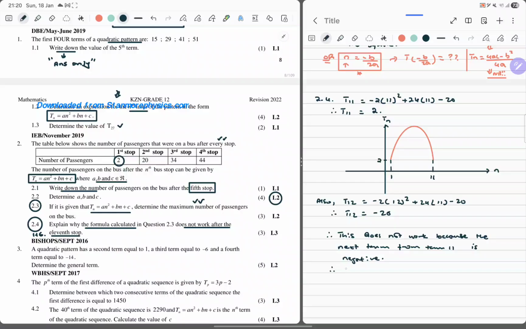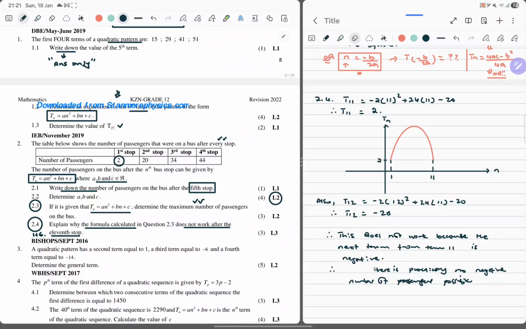We can say, since there is practically no negative number of passengers, therefore, there is no negative number of passengers possible.